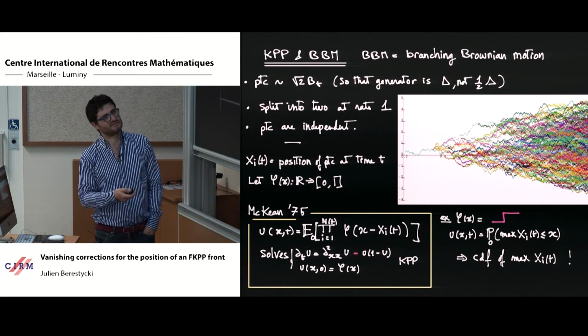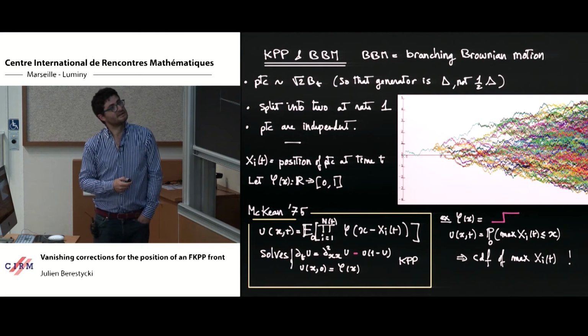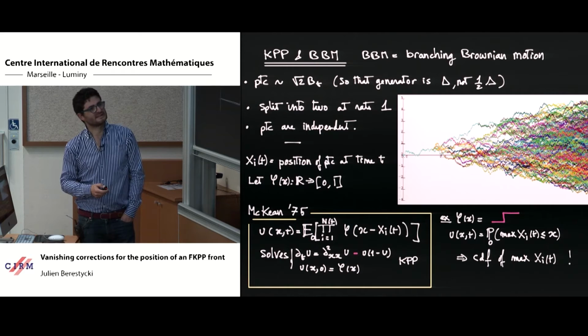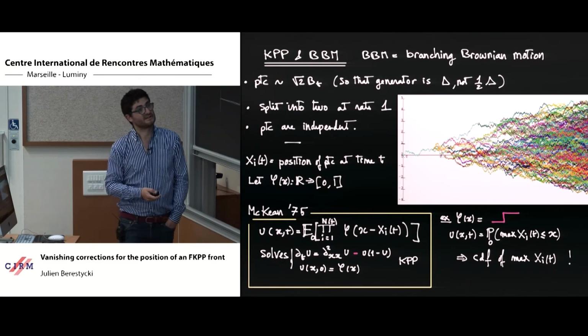This is one way of formulating it. It's not exactly the KPP equation because I have minus instead of plus here, but by taking 1 minus u, you recover the usual KPP equation. So this solves the KPP equation, and the initial data is phi.